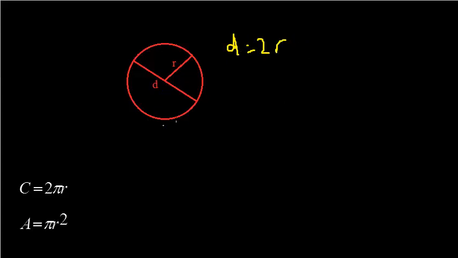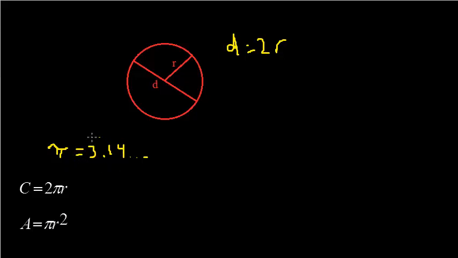Our circumference then, rather than calling it a perimeter, the circumference of a circle is the distance around the circle. The circumference is 2 times pi times the radius, where pi is about 3.14. Of course, pi is an irrational number, which means it goes on forever and never repeats.